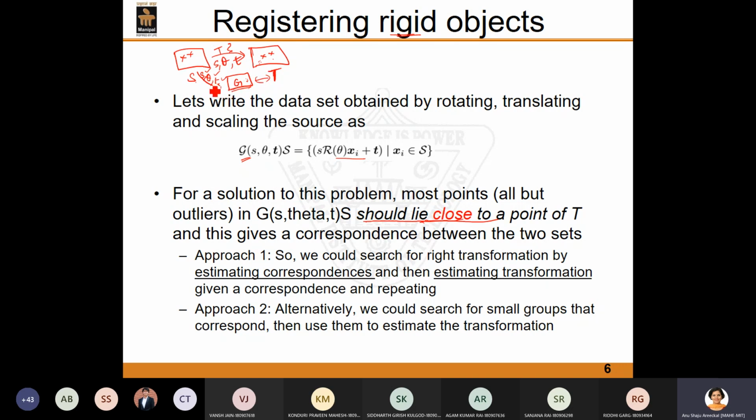The least square sum would be in terms of s, theta, and t.